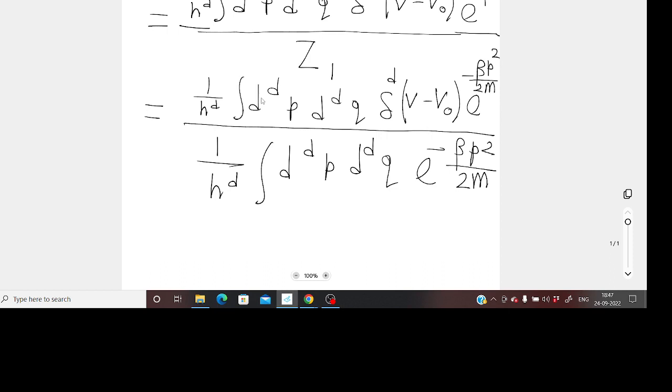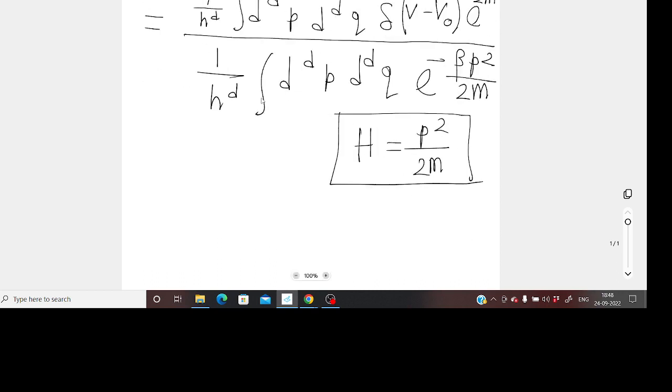We take potential energy 0. You know that the ideal gas particles do not interact with each other and they have this Hamiltonian, H equal to p square by 2m. So you see the integral over q, the generalized coordinate, in the numerator and the denominator are the same, and this factor is also the same, h to the power d. So let's cancel it and simplify it.